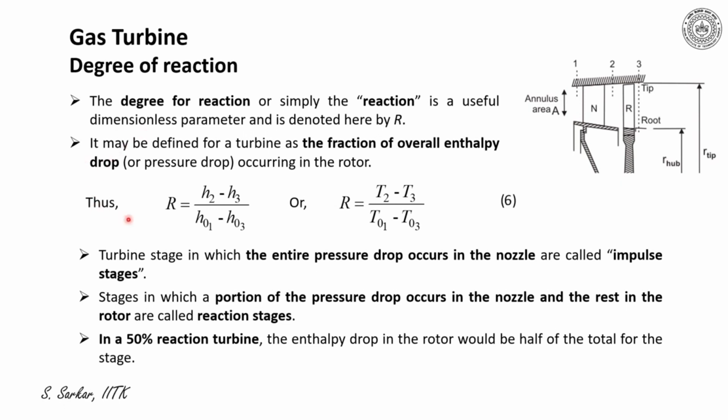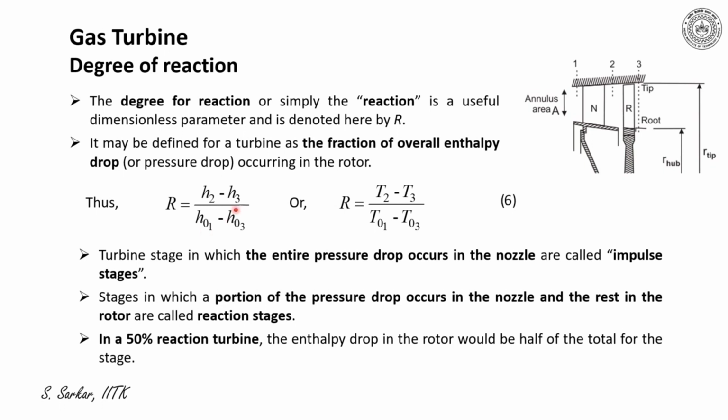Thus, R can be stated as h2 minus h3 divided by h01 minus h03. So it is the ratio of enthalpy drop in the rotor to the enthalpy drop in the stage.